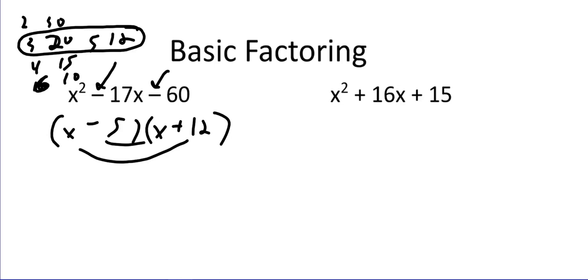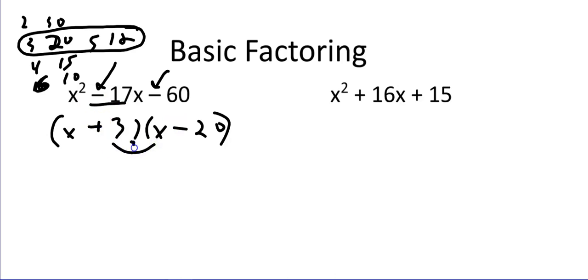So that does not give me the right numbers, okay? So 5 and 12 are not our numbers if, in this situation, we have to get a negative 60 and a negative 17. Now, once again, if that was a positive 60, our numbers would be 5 and 12. But in this case, our numbers are 3 and 20. And since we want more negatives, this is negative, that's positive. And if it helps you, you can put a little 3 here and a little negative 20 here and see that you get negative 17.